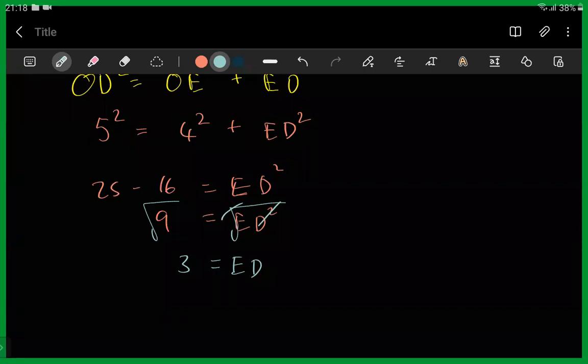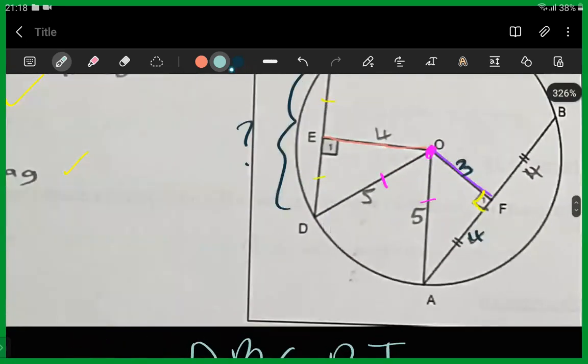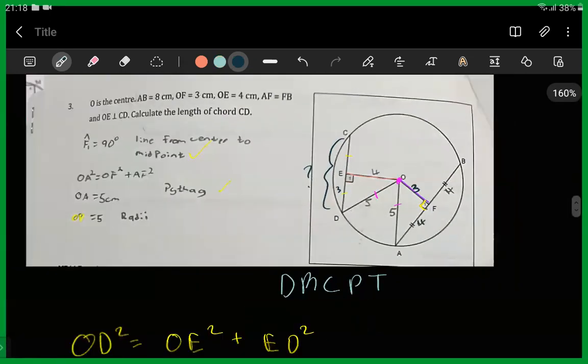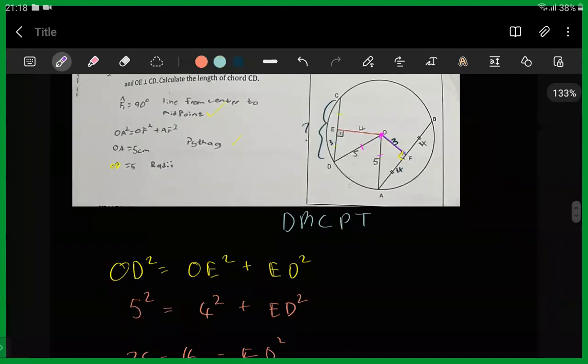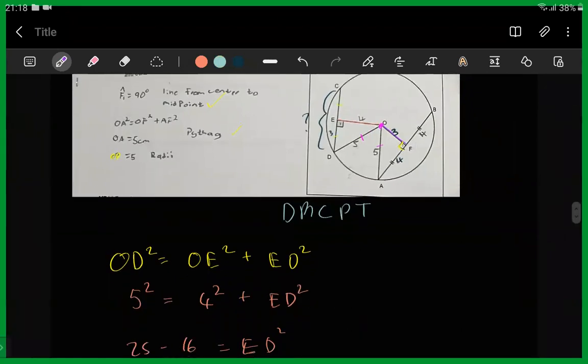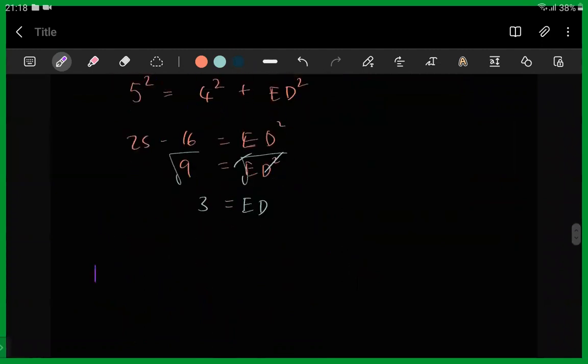Okay. So now, since you know that ED is a 3, you can then tell them that you know that ED is the same as EC. You can say here ED is equal to EC, right?